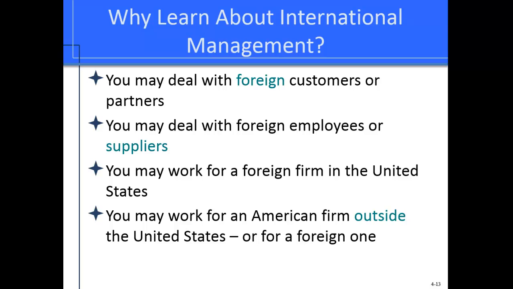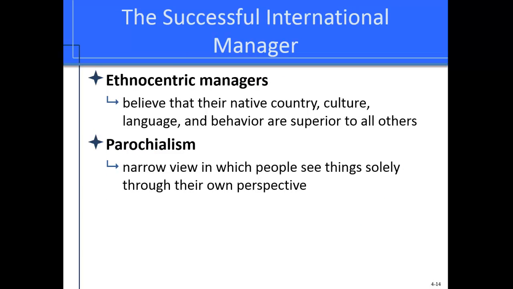Now, there are three types of attitudes predominant amongst managers when talking about international management. The first of those is ethnocentric managers, saying we know best.